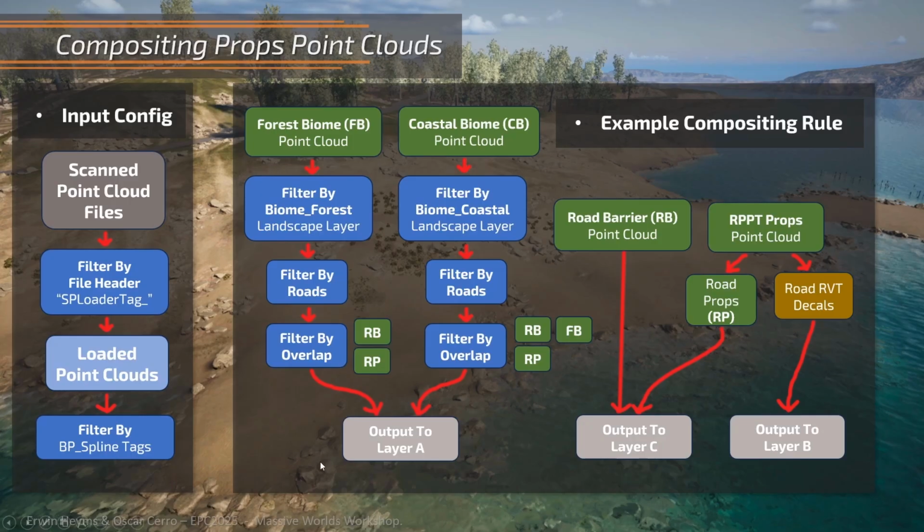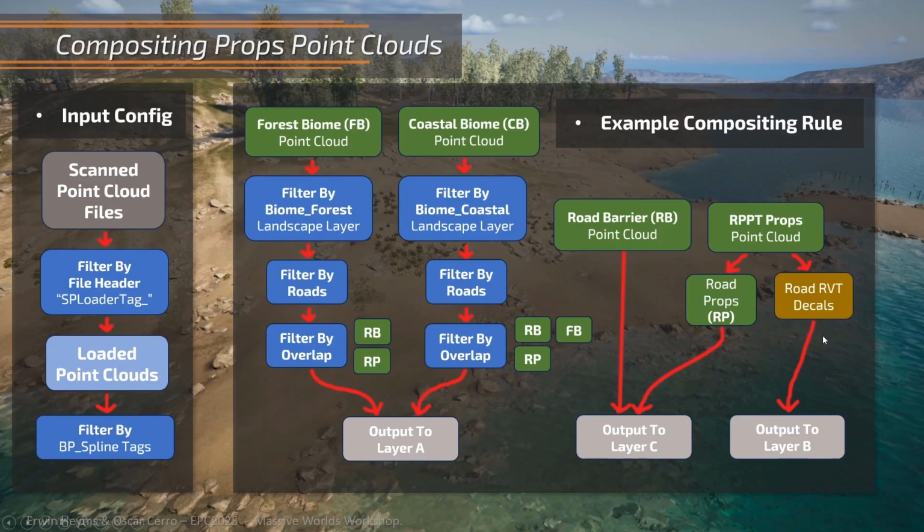And then finally, we want to make sure we can do some filtering by overlap. Basically, this works by filtering based on tags. So we can basically say, for instance, the forest biome has the tag FB. The coastal biome has the tag CB. We have RB over here for road barriers, and then we have road props on this side.